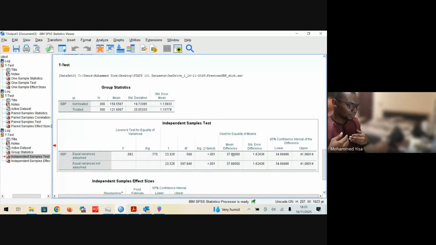I'm emphasizing this because there are many times when you do your stats and you see that it's not statistically significant. Does that mean you throw away the results? No. Sometimes it's not statistically significant, but clinically it's significant. Sometimes you are looking not at the mean difference in blood pressure, but at the mean difference in the number of deaths.